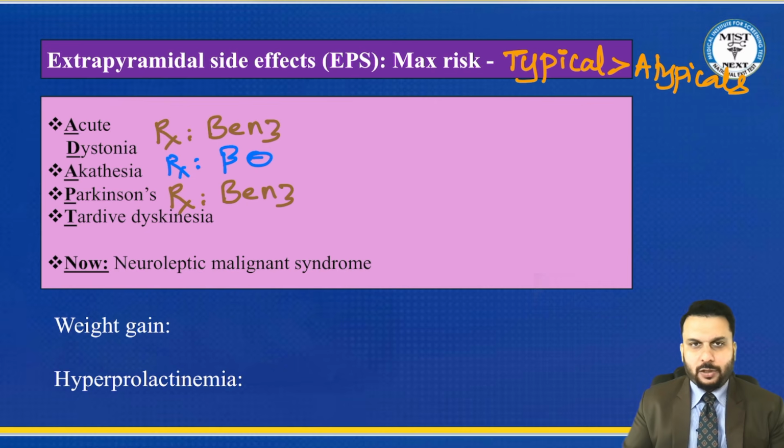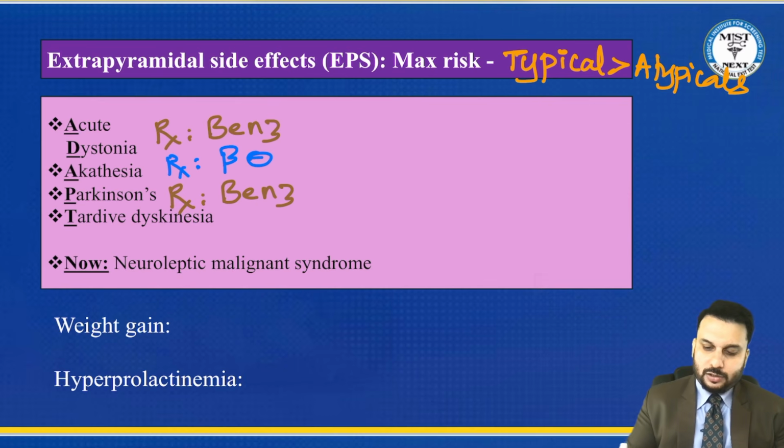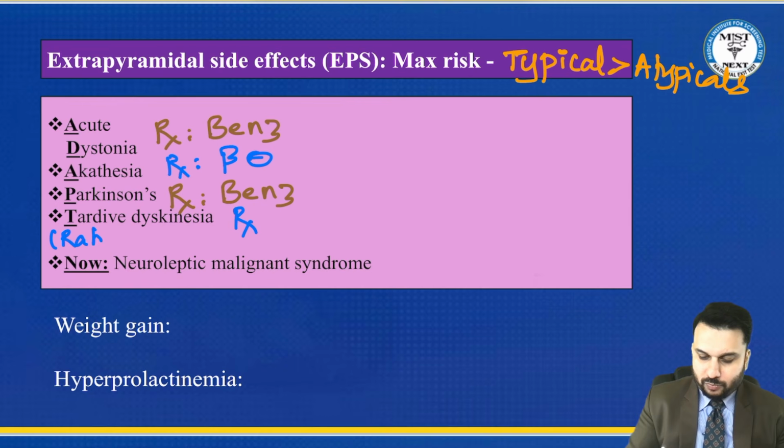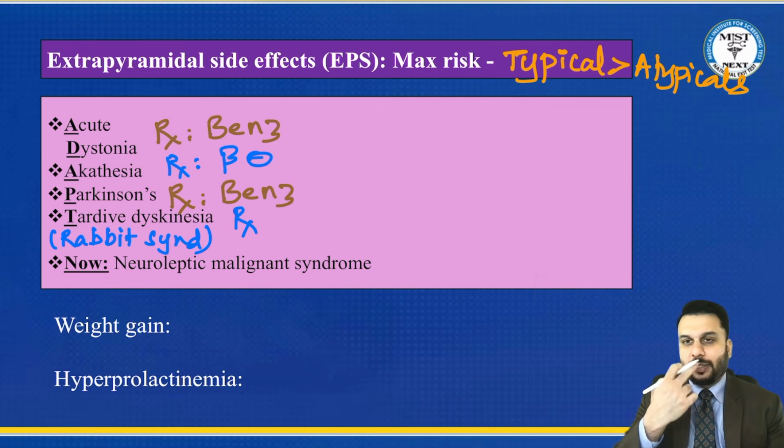Nervousness. Revise this topic from the psychiatry also. Tardive dyskinesia. Tardive dyskinesia is something else. So this is known as rabbit syndrome. The patient gets these perioral movements looking like a rabbit. That is called rabbit syndrome.